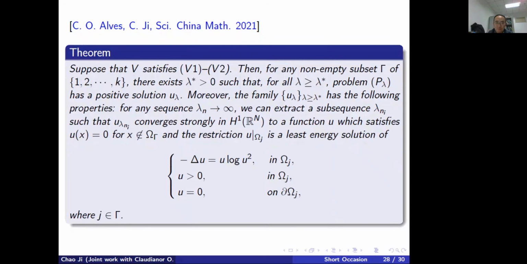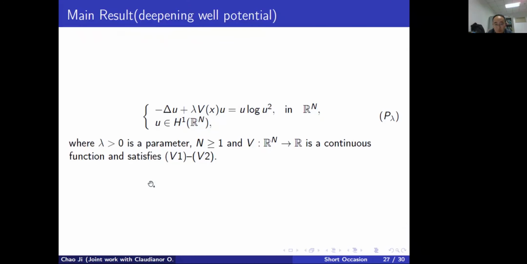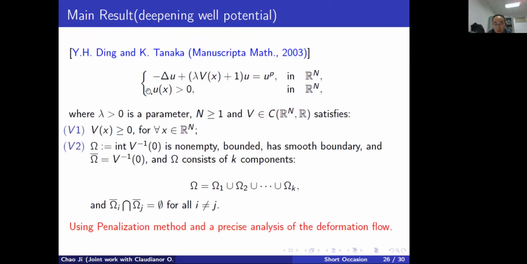In order to research this equation, Ding and Tanaka used the penalization method to overcome the lack of compactness. Because of our paper in CVPDE, we also can use this method.